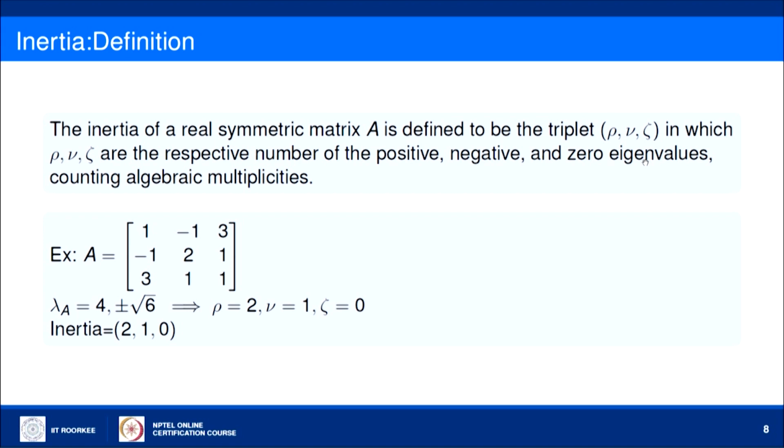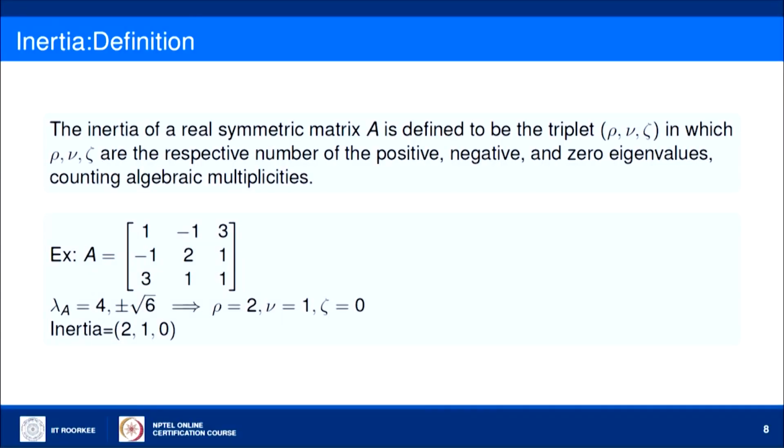So, the first component is the number of positive eigenvalues, the second is the number of negative eigenvalues and the third is the number of zero eigenvalues, counting the algebraic multiplicities.